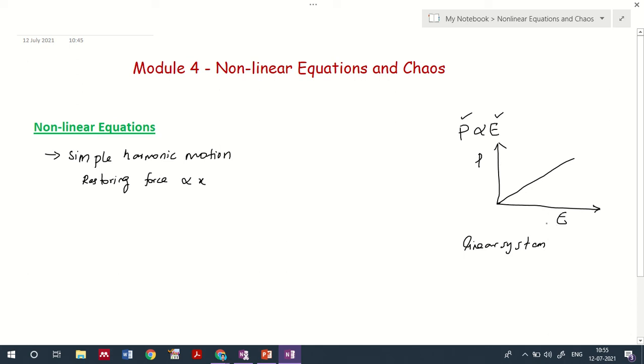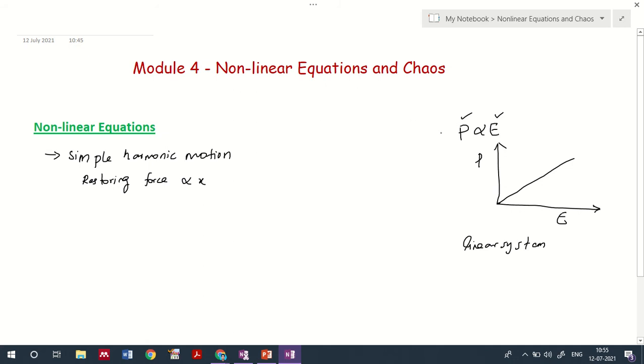Here the variable is the electric field, and corresponding to it there will be a polarization change. In simple harmonic motion also, the restoring force is proportional to x, where x is the displacement or change in position.